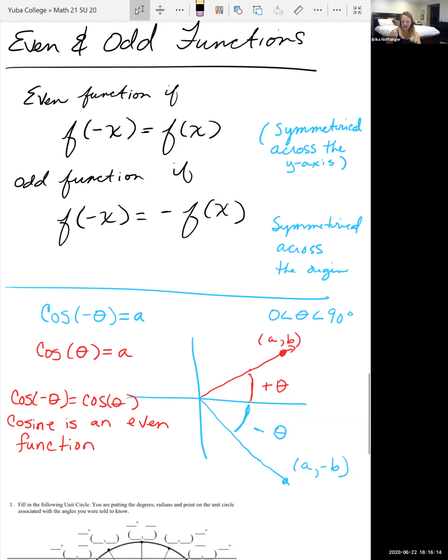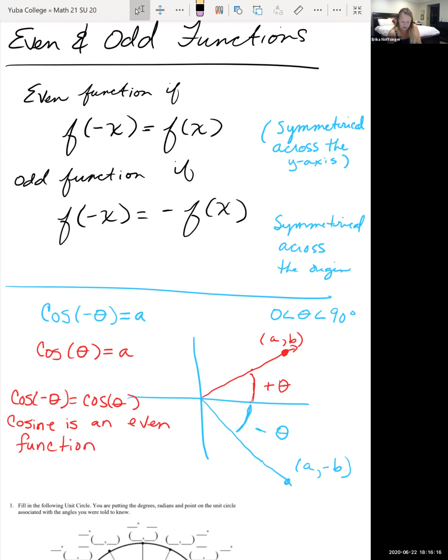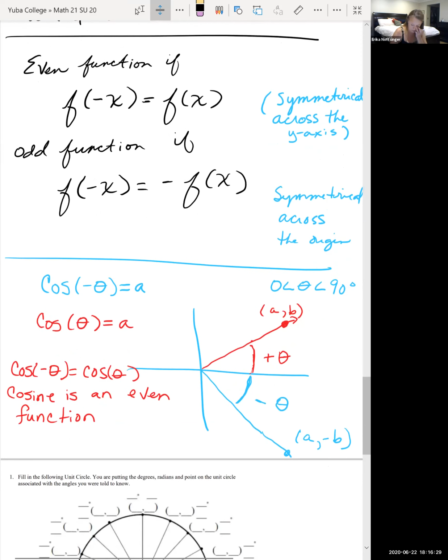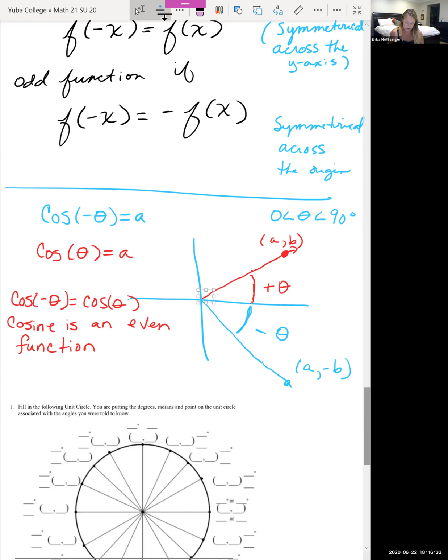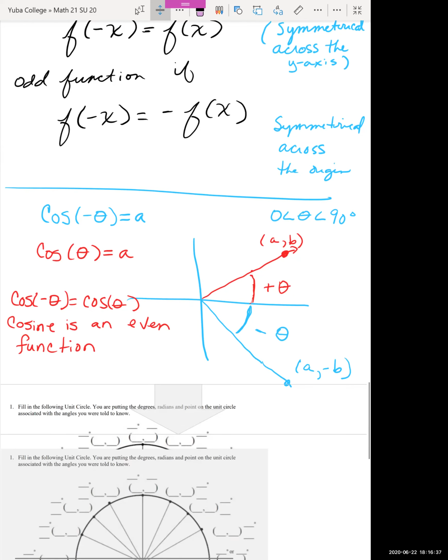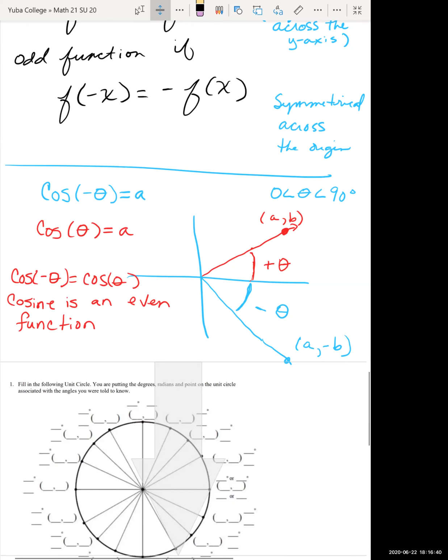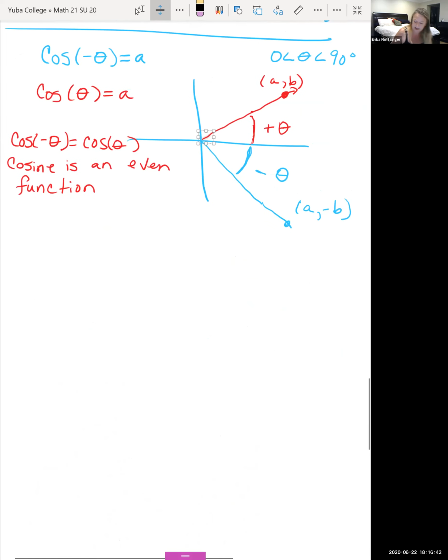But odd, notice sine is in terms of y, the y value of your point. And so if I look at my y value of my point, sine is your y value.